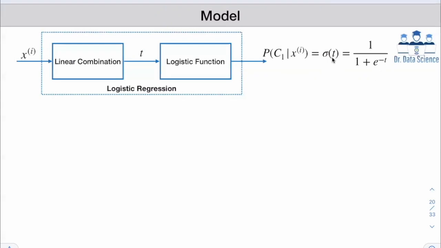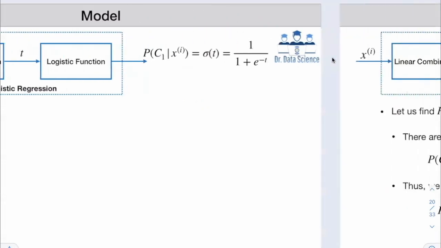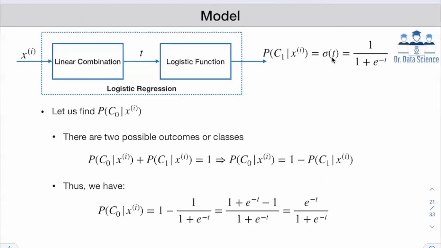And we have to find an objective function that describes how well this model fits the data that we have. But before getting there, what about the probability that xi falls into C0? Remember here we have two possible outcomes or classes. And based on the laws of probabilities, the sum of probabilities must equal 1.